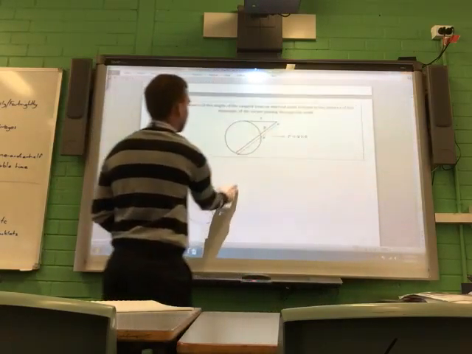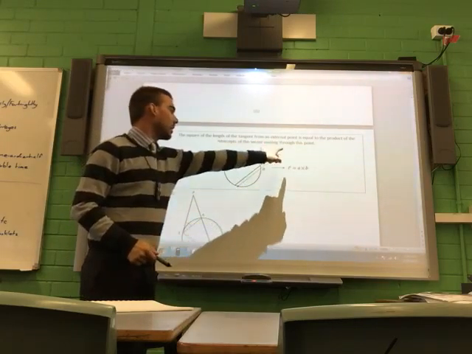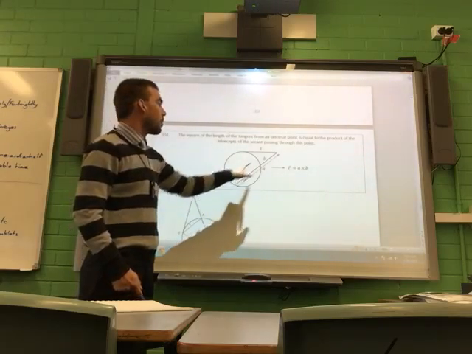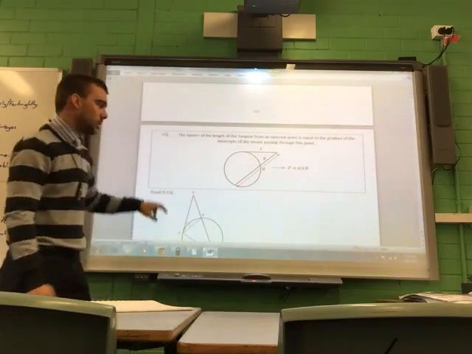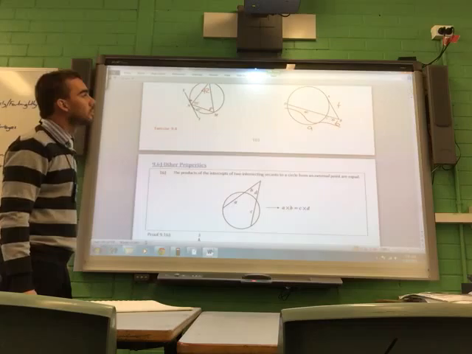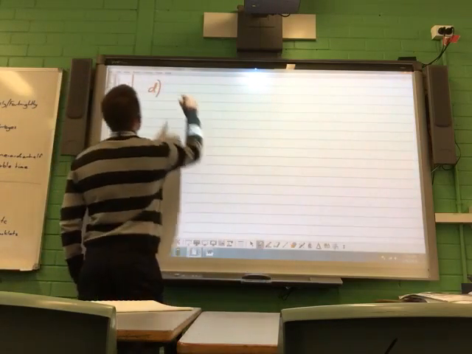Alright, so the length of the tangent squared is equal to the whole length of the secant from the second point of intersection multiplied by the external point to the first point of intersection. Okay? So write down your formula.